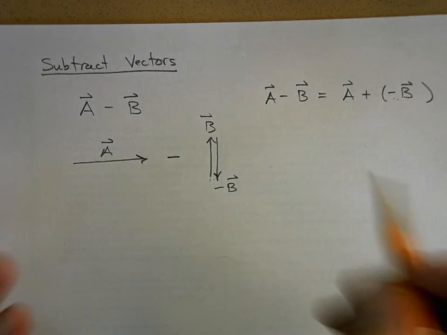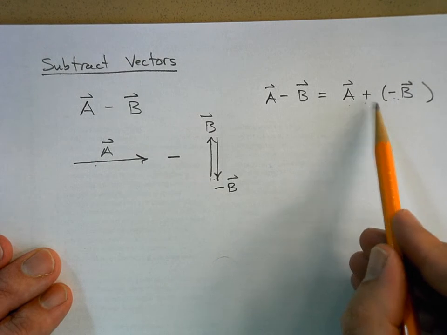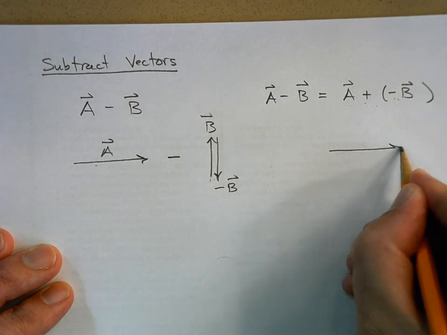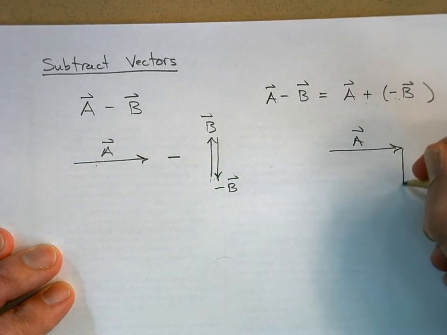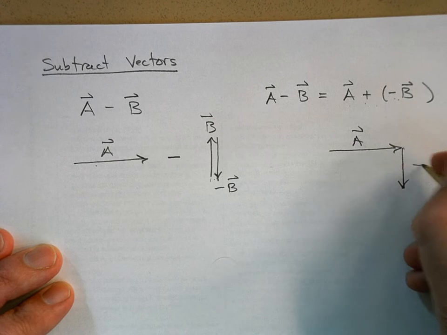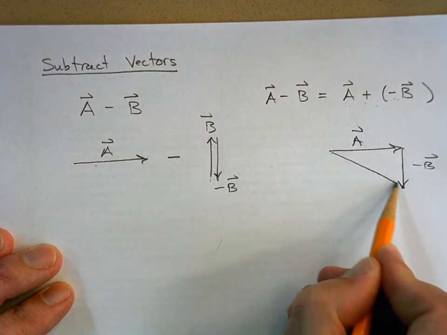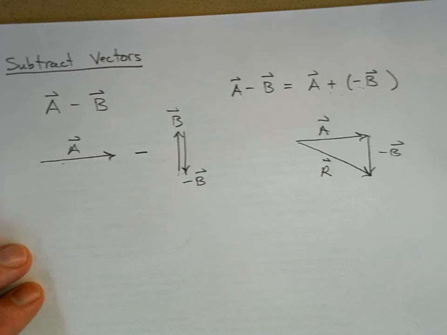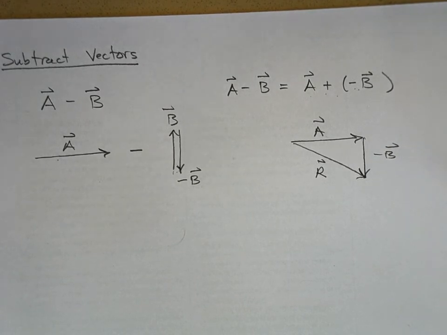So now we're just going to add A. We're going to go A plus negative B. So let's sketch it. Here's A, and here's negative B. Head to tail, still head to tail, but negative B. And here's the result of doing A minus B. So this is A minus B. And you can go A minus B plus C. You can put them in any combination you want.